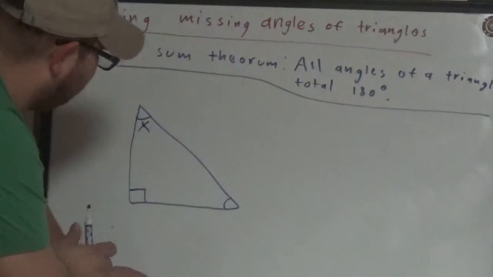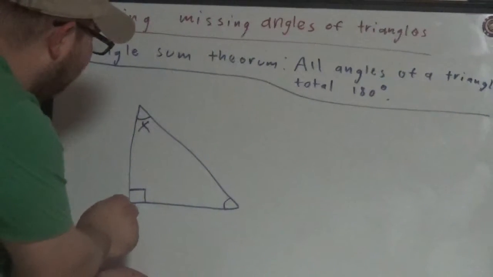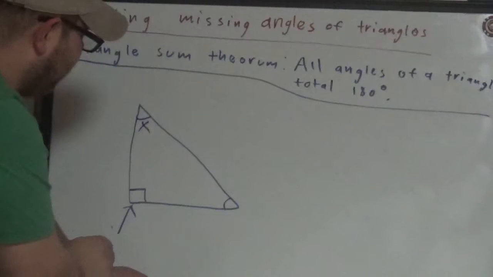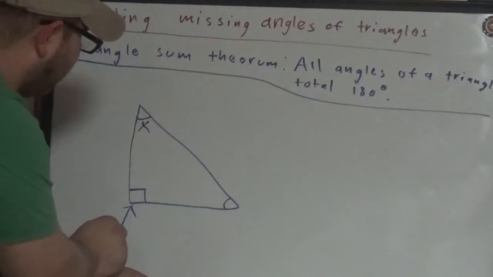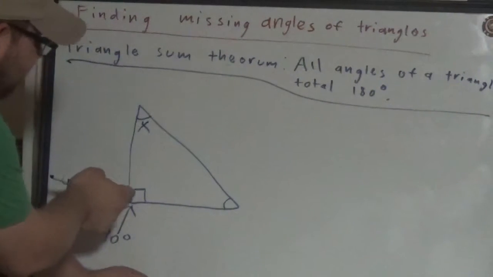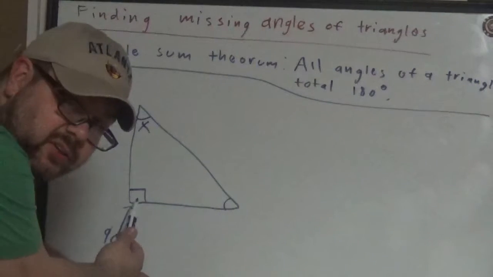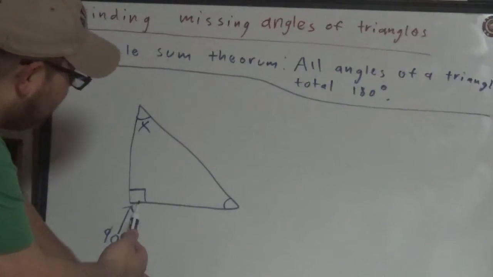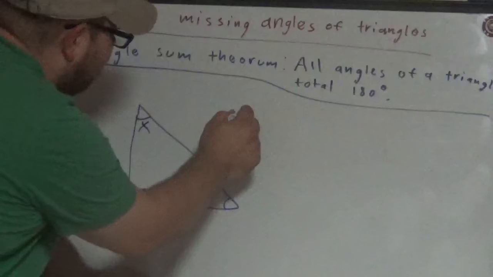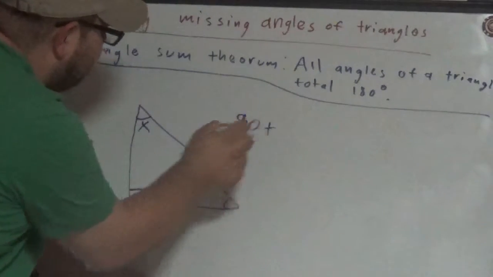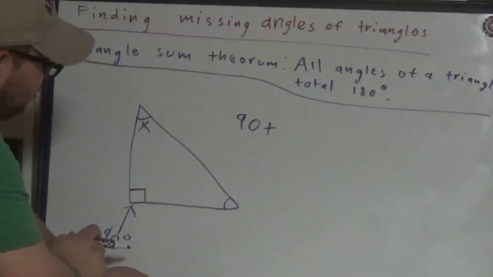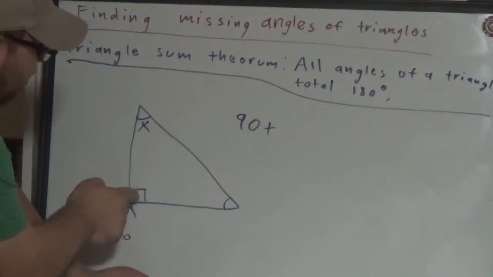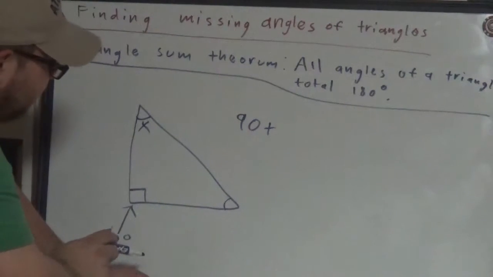When you see it, you'll remember that a right triangle has a 90-degree angle. That's what this symbol means. It means a 90-degree angle. That means this angle is 90 degrees. Well, that tells us what we need to do, 90 degrees.